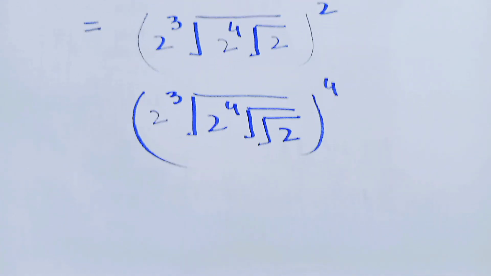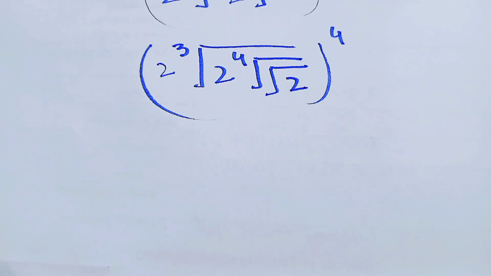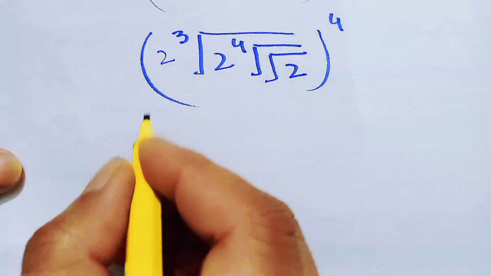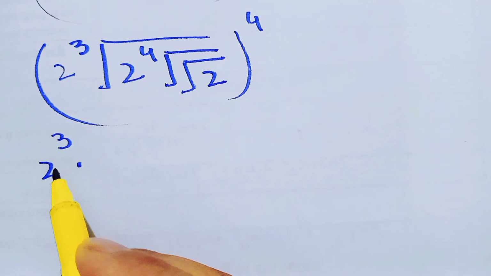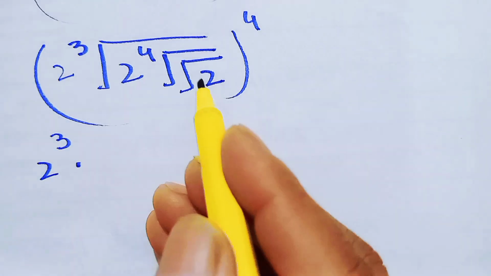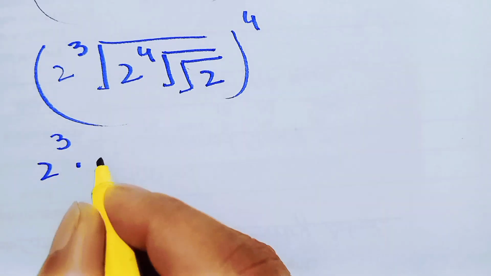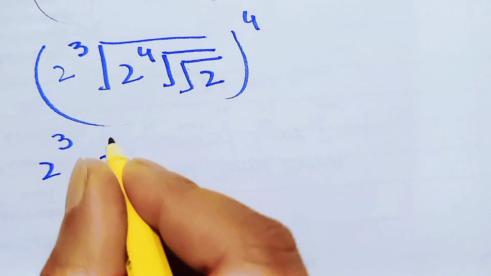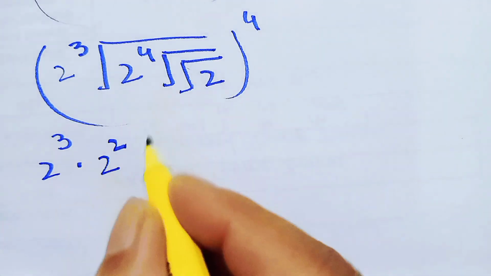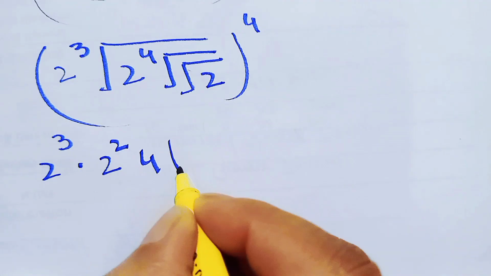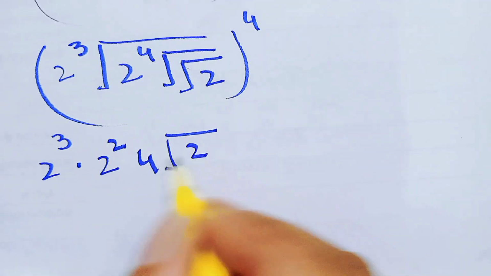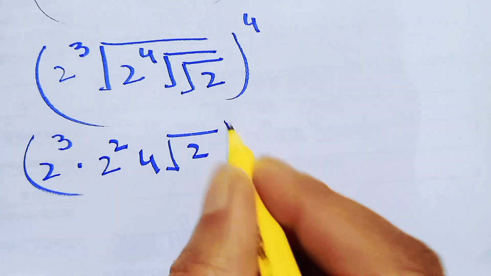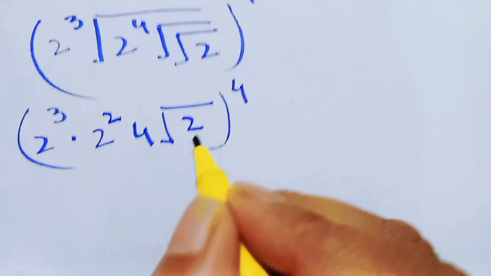In the next step, 2 cube times 2 square, and then this 4 and the square root of 2 and the whole to the power of 4.